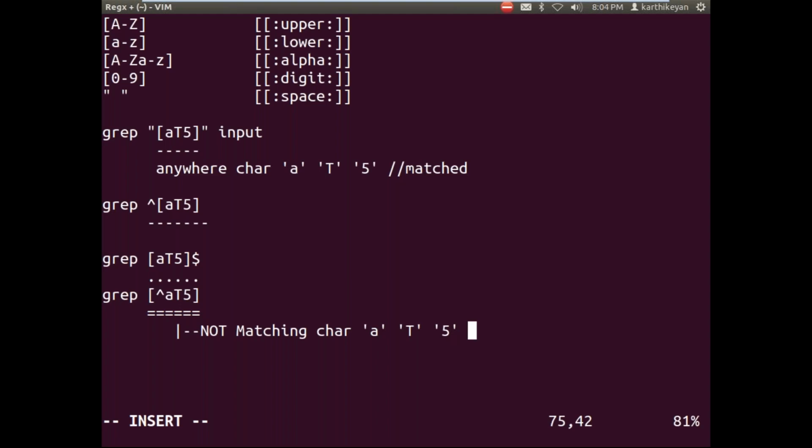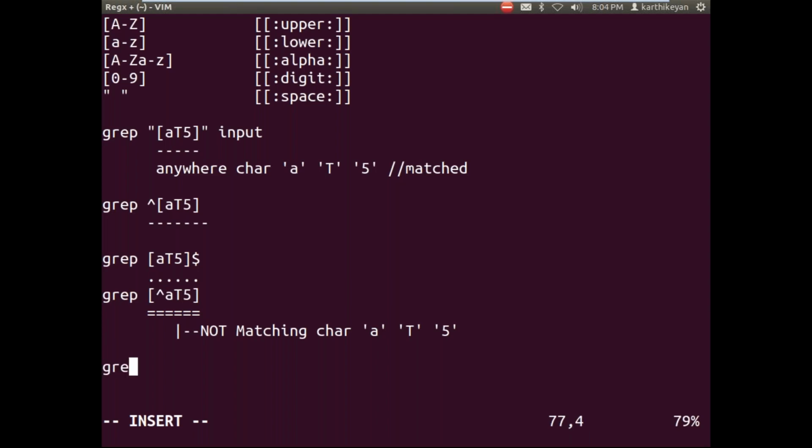So the anchor symbol inside the square bracket means something different from outside. Outside, it means starts with; inside, it means not operation.